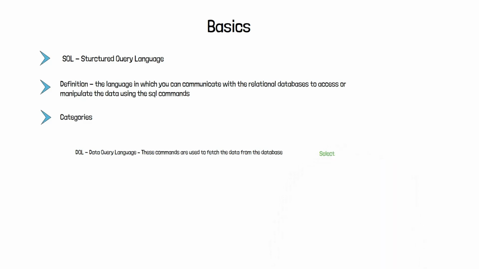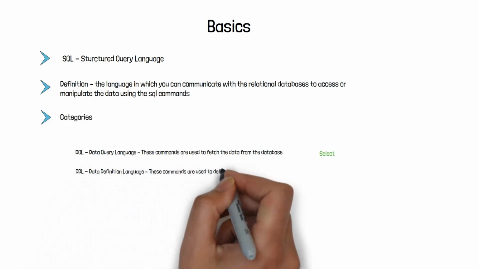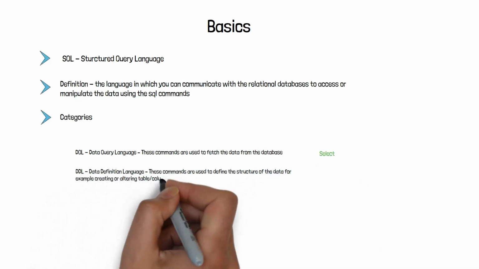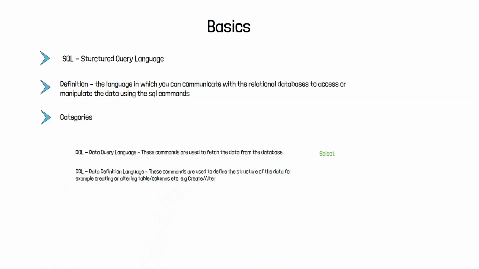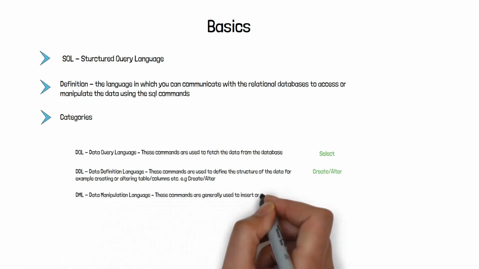These commands are used to fetch the data from the database, for example, the select command, very common. Next one is DDL, that is data definition language. These commands are used to define the structure of the data, for example creating or altering tables, columns, etc. Like create or alter is the example.